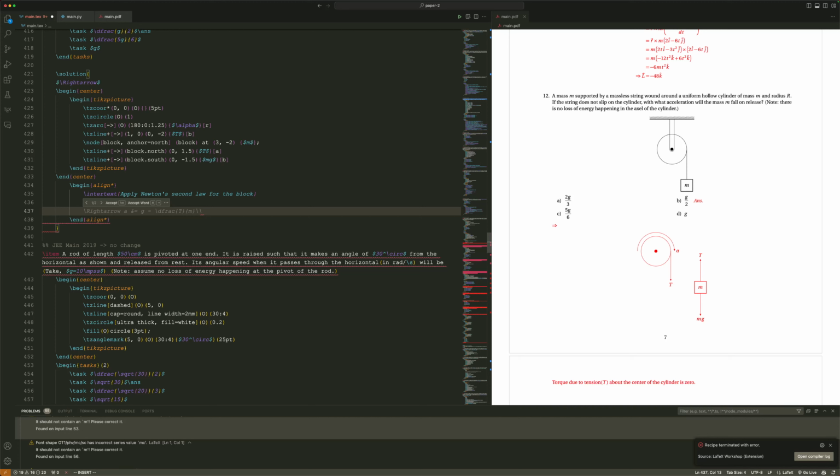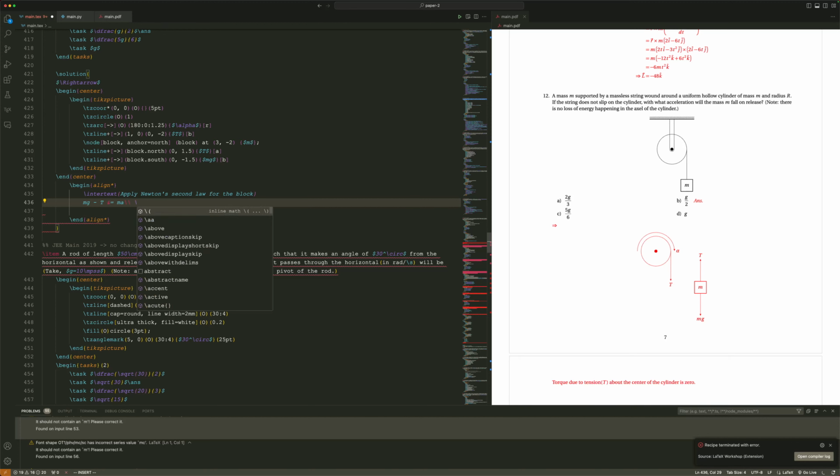Yes, that's right. So for right now we can just write equations and then solve manually. This can be equation number 1.